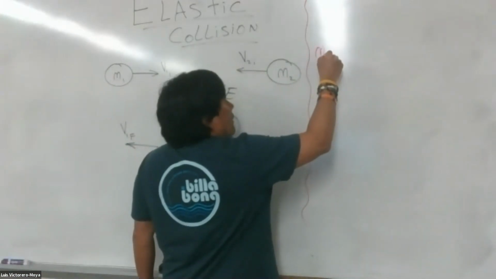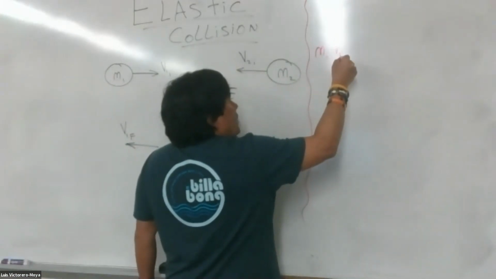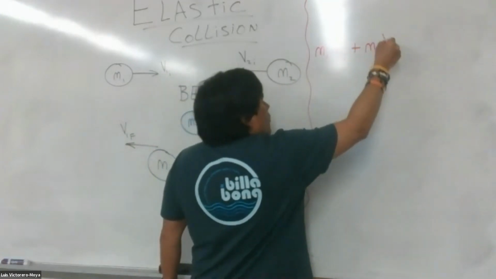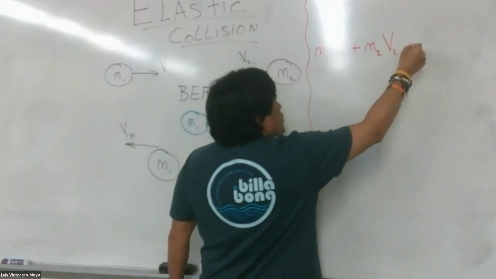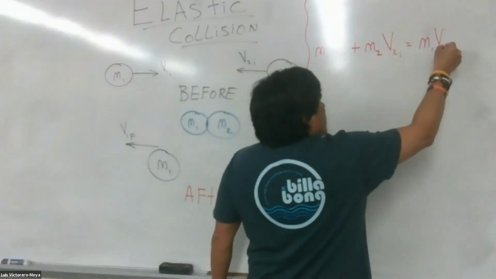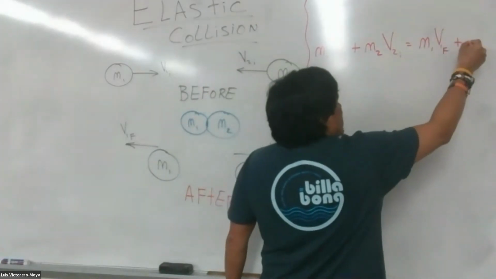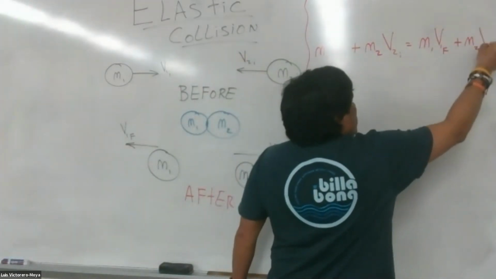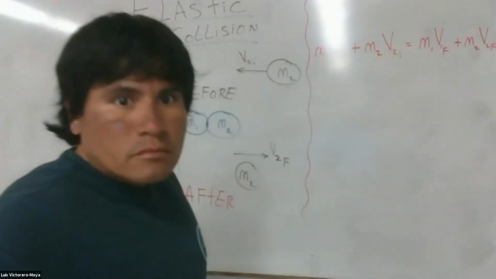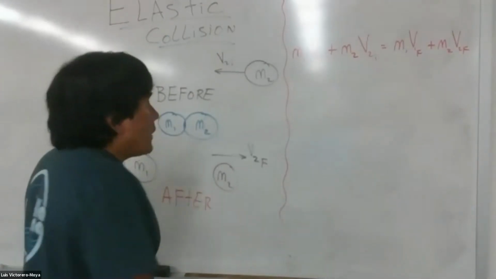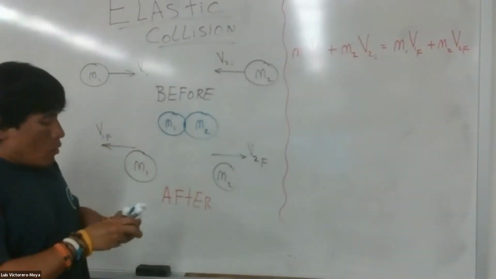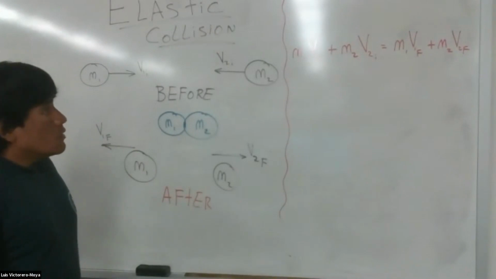So M1 V1 initial plus M2 V2 initial equals M1 V1 final plus M2 V2 final. All right, that's nice. What other thing do I know?